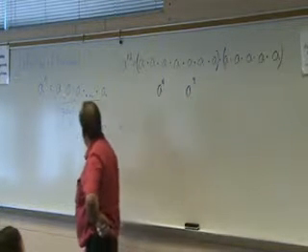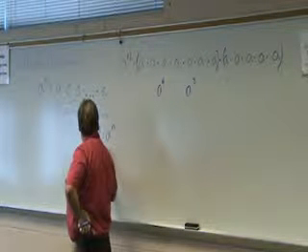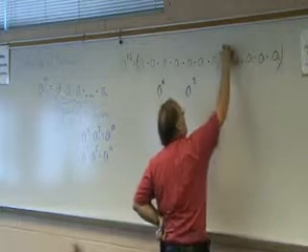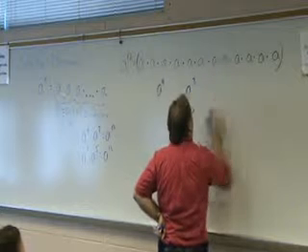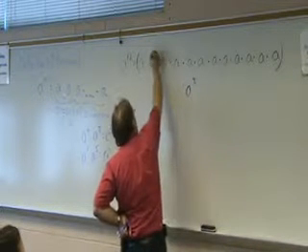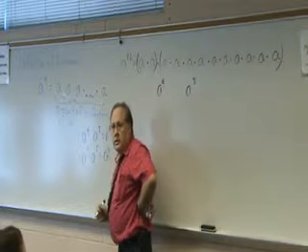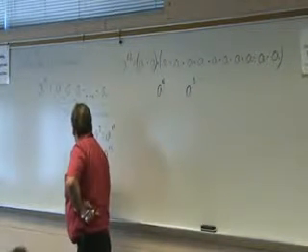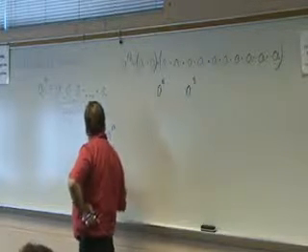A to the 7th times a to the 5th is a to the 12th. How about that? A to the 2nd times a to the 10th is a to the 12th.